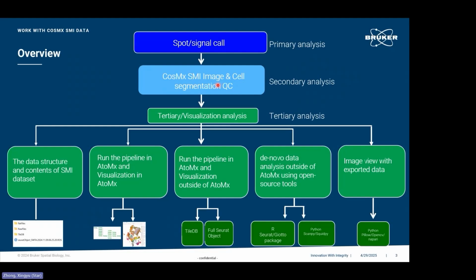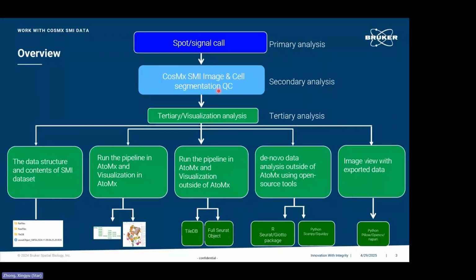If you find the FOV images are not good, then you might need to remove this data. And if you find the cell segmentation is not optimal, then you can adjust some parameters and do cell resegmentation in AtoMx to get the optimal cell segmentation.